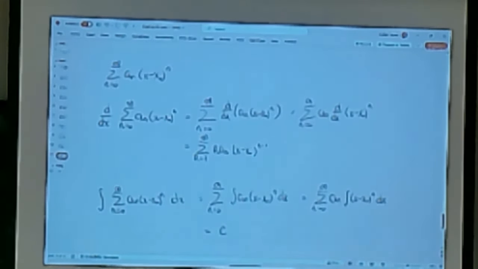So c plus, and then whatever the simple antiderivative is. So what is the simple antiderivative of x minus x naught to the nth power? It would be x minus x naught over n, raised to the n plus 1 power. Close.